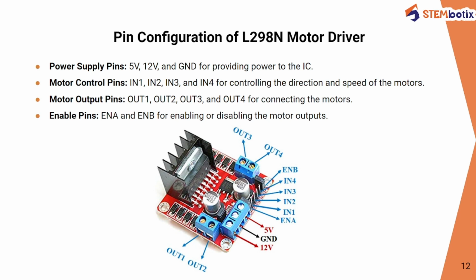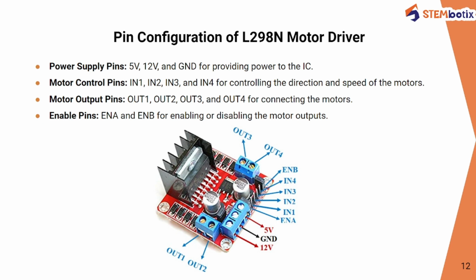The VS pin is used to power the IC's internal H bridge, and this pin accepts input voltage ranging from 5 volt to 12 volt. After that is the GND pin, which is the common ground pin.